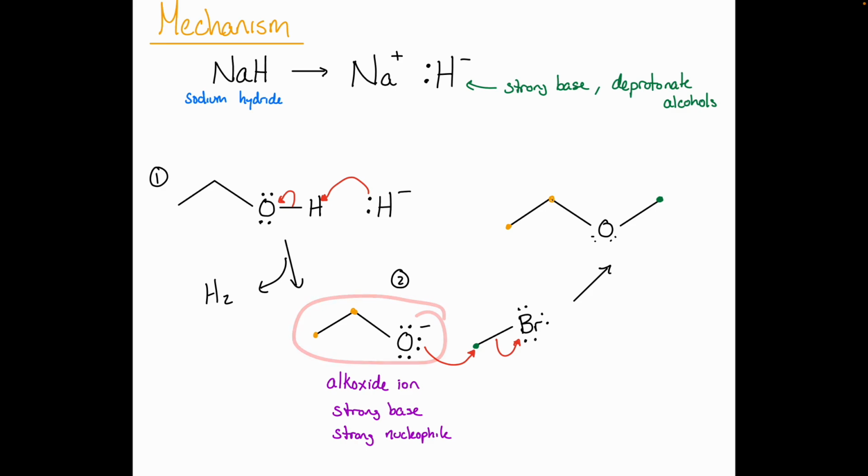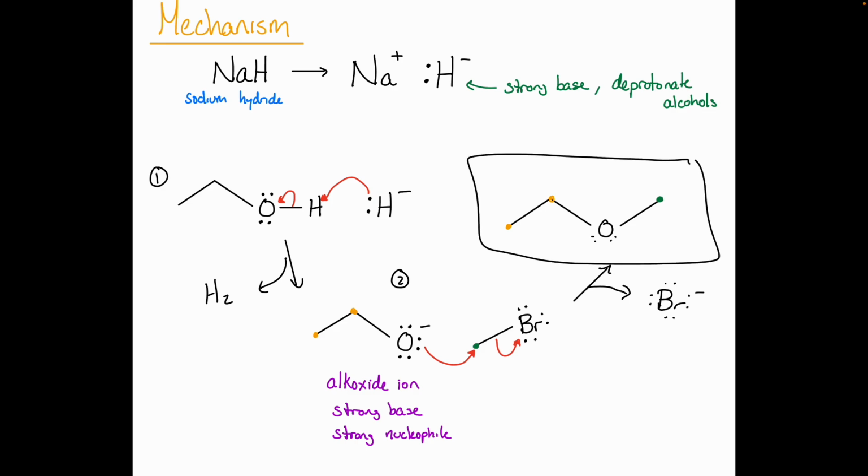That's then going to be a strong nucleophile with my electrophilic alkyl halide, attacking that electrophilic carbon, kicking off that bromide leaving group. If we want to be good with our charge balancing, we can see it's that negatively charged bromide ion that gets kicked off, leaving us with our organic product, our asymmetric ether.